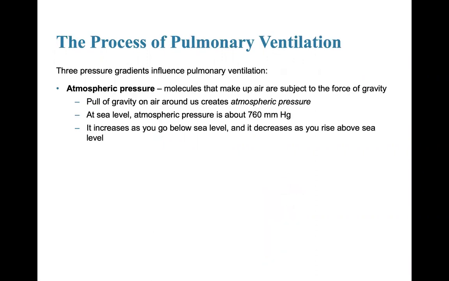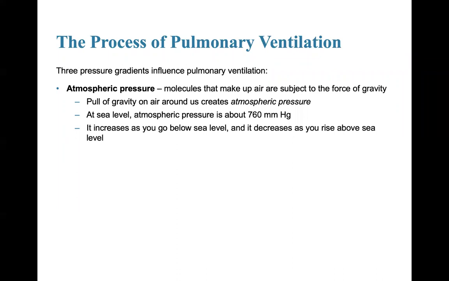There are three pressure gradients that influence pulmonary ventilation. The first is atmospheric pressure. Atmospheric pressure are the molecules that make up the air that are subject to the force of gravity. The pull of gravity on the air around us creates what we refer to as atmospheric pressure.